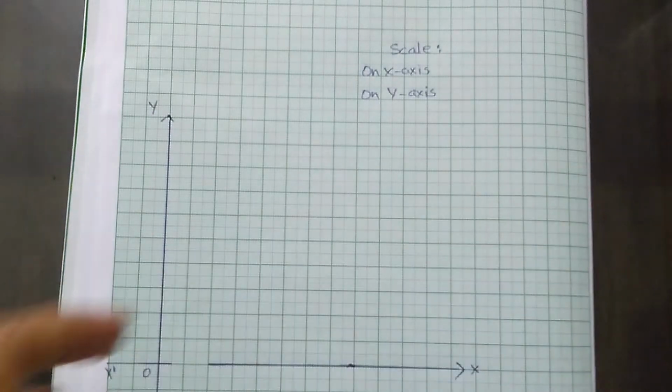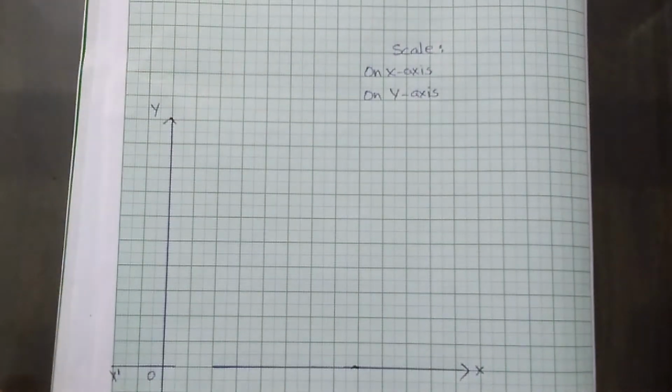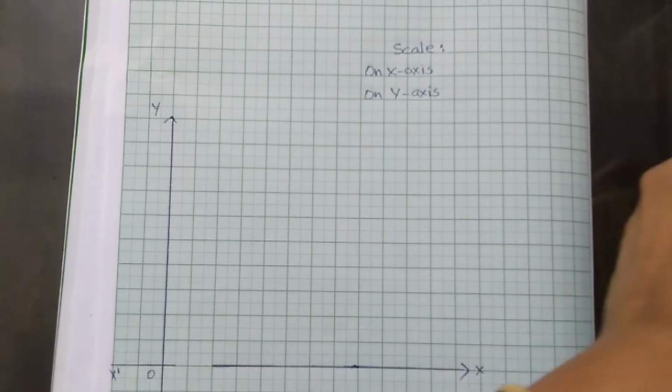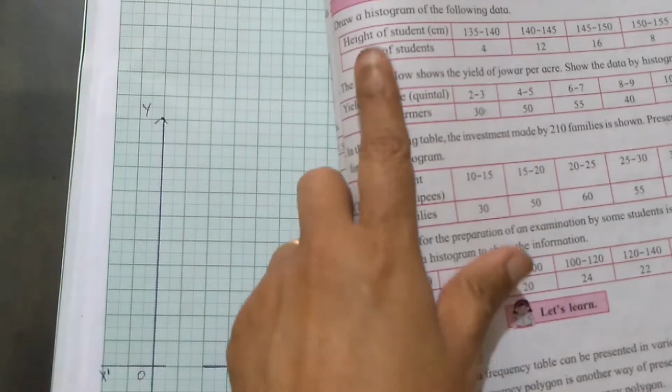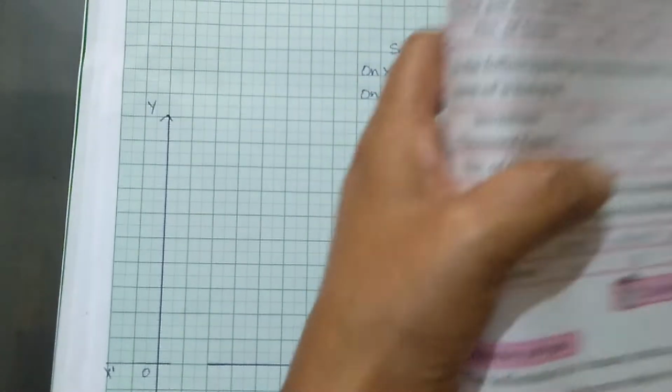Now in order to draw the histogram, you have to draw the x-axis and the y-axis. Here you write down x, x dash, and here y, and below it should be y dash. And the origin, you name it as 0. Now here it was what? Height of the students. Height of the students should be on the x-axis and number of students on the y-axis.